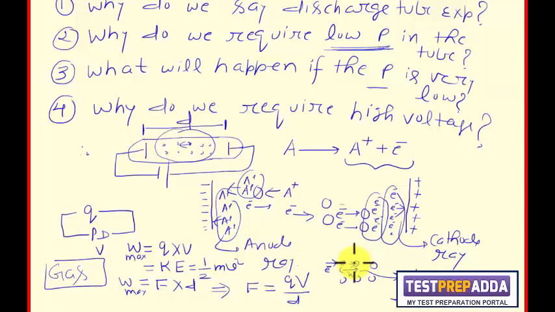The atom will release positive and negative particles. And since the atom releases positive and negative particles, these particles are discharged from the atom. These rays are discharged by the atom. We say this experiment is the discharge tube experiment.